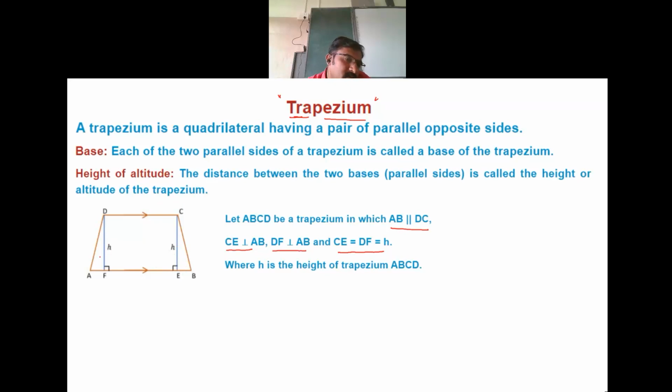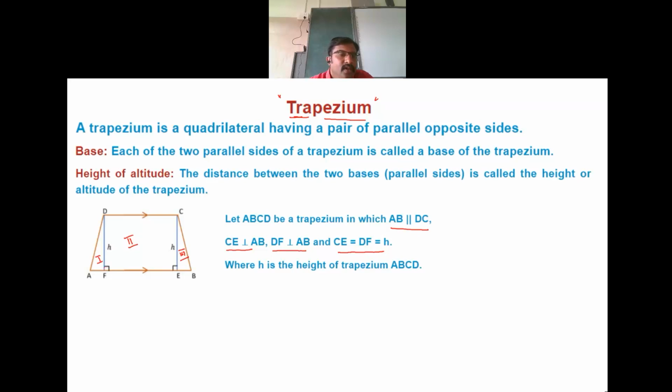If you observe, I can divide this trapezium into three regions, 1, 2, and 3. Region 1 and region 3 are the triangles. And region 2 is nothing but a rectangle.